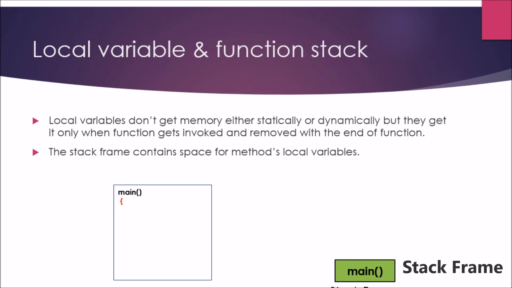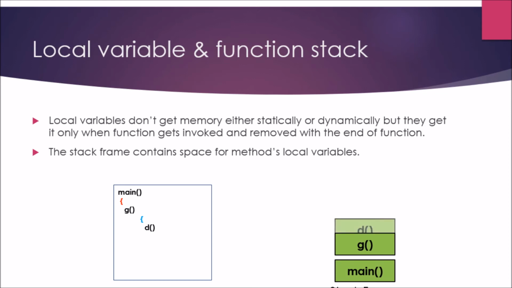For example, you have called the g function within the main function. Then g will get an entry above the main function. If you are calling the d function in the g function, d will get an entry above the g function. Likewise, it maintains the stack frame in the memory.